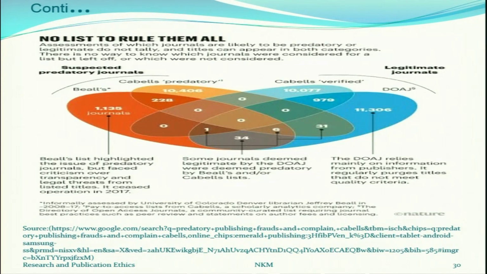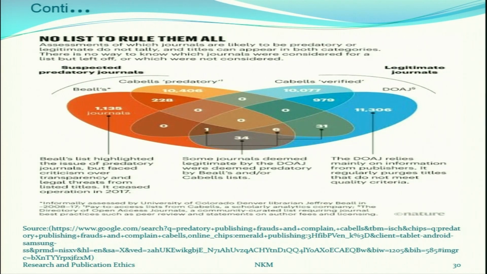Now there's one more difficulty when we analyze predatory journals. The assessment is very difficult. How to define it? Sometimes there are journals which are very difficult to judge as to whether they are predatory or not.